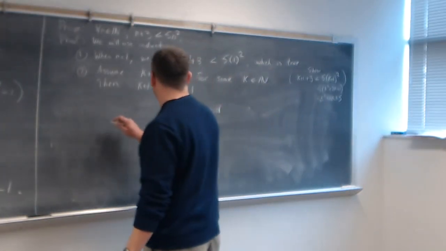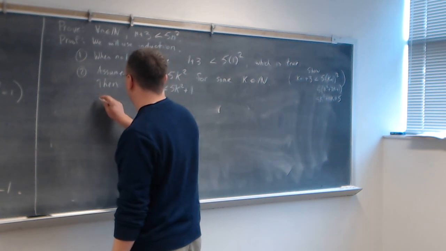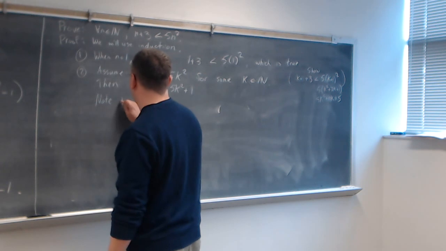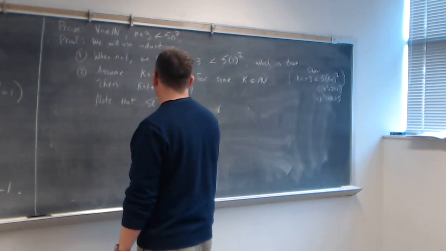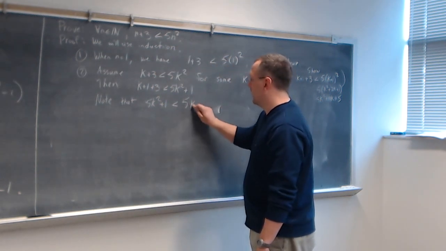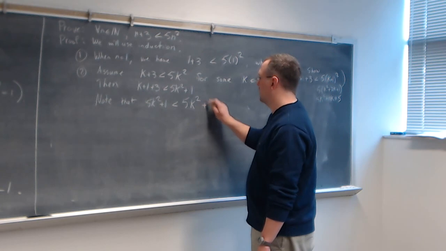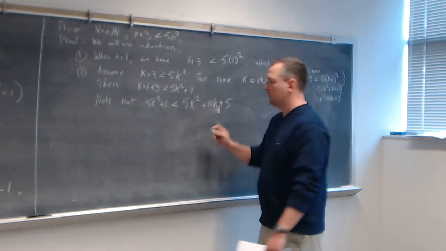So note that 5k squared plus 1 is less than 5k squared plus 10k plus 5.